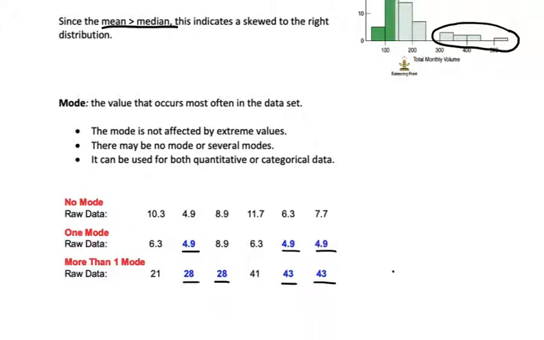There's 2 modes because there's 2 values that occur more than the rest of the values. Now you have to be kind of careful here because we also use the word mode to stand for peaks in the distribution, like we saw back in section 3.1. So this is the numerical mode when we're looking at the numbers in a data set. You don't want to get it confused with the number of peaks when we're looking at the graph of a data set.